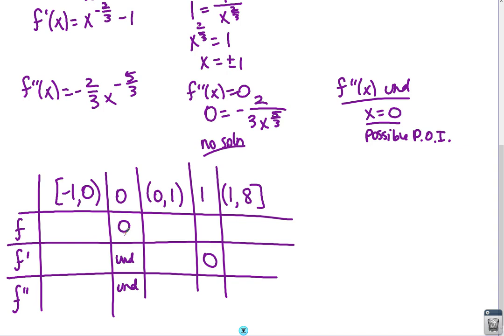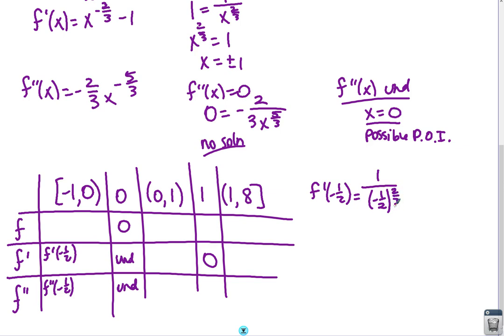So let's plug in f prime of -1/2, f double prime of -1/2, f prime of 1/2. You're going to plug that in up here. So f prime of -1/2 is going to be 1 over (-1/2) to the 2/3.